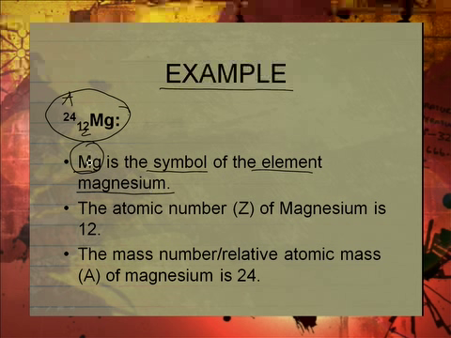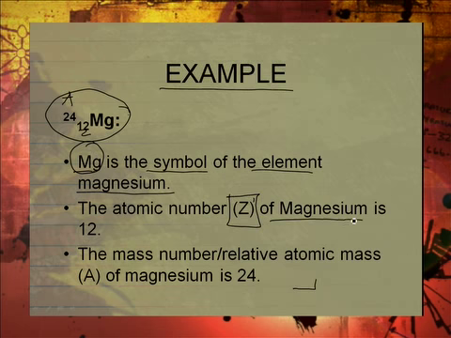That's how we represent the symbol magnesium. The Z, which is the atomic number, is 12 for magnesium. The mass number, on the other hand, which is the relative atomic mass if you like, is 24. That is your A.